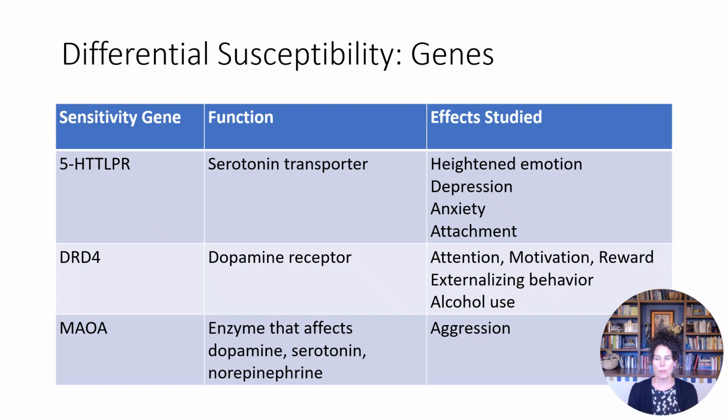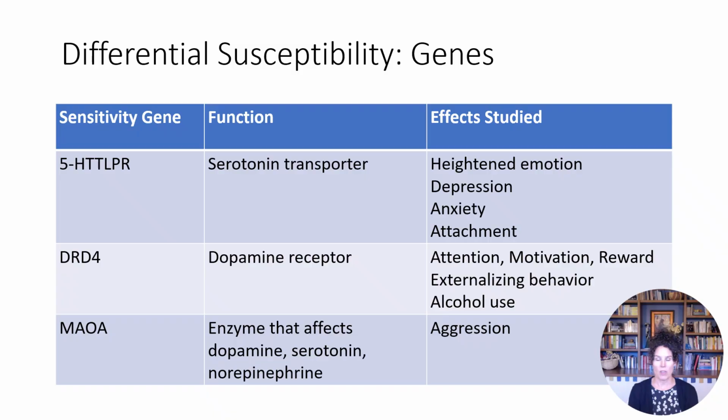Okay, so these are some of the most common genes, if we just start with genes, that are studied in differential susceptibility research related to human development and family studies. We've got sensitivity genes related to serotonin, the 5-HTTLPR gene, and that's been associated with more intense emotion, depression, anxiety, and attachment. Then we've got a number of dopamine genes, one of those being DRD4.